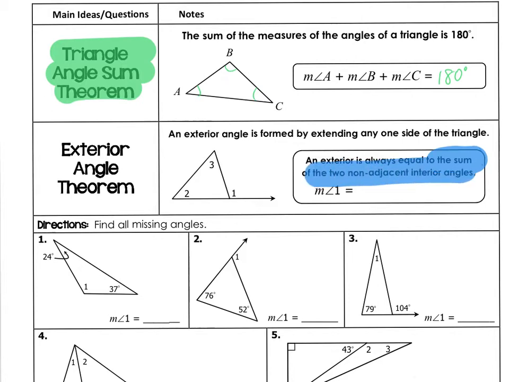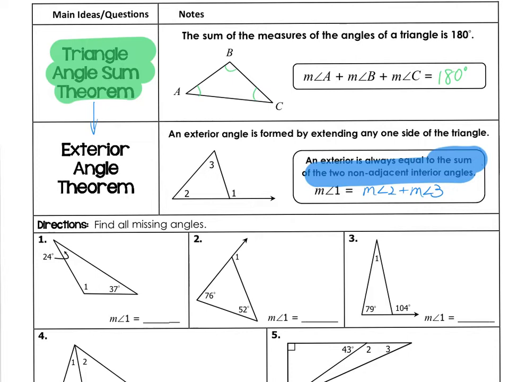So what does that mean? It means angle 1 equals the measure of angle 2 plus angle 3. In fact, see if you can use substitution to prove this theorem from the first one that we just reviewed, the triangle sum theorem, to prove the exterior angle theorem.